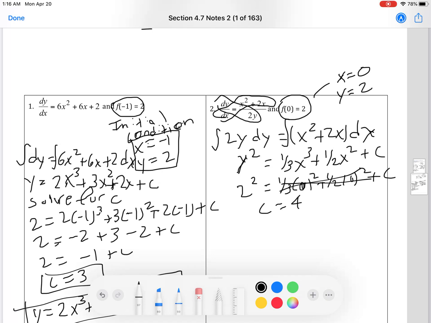Now, here's the bad news. We have y squared, but we need y. So we have to solve for y.